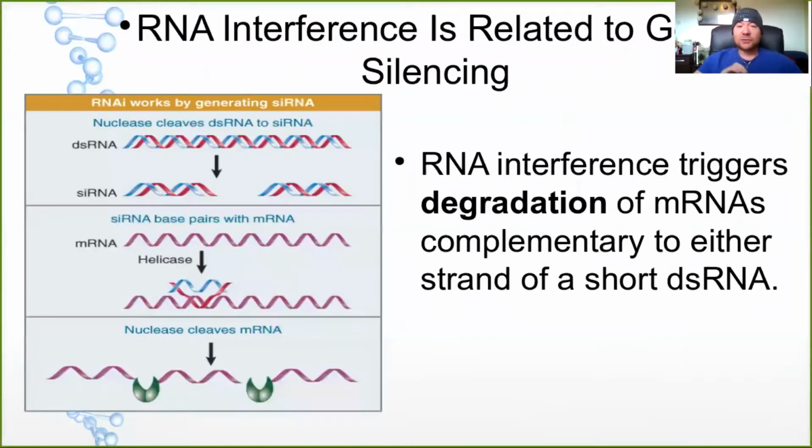Let's summarize how this works. You make your messenger RNA. A gene has been switched on and it makes messenger RNA. This messenger RNA should go to a ribosome, get read, and then a protein is made. However, you can regulate the activity of this messenger RNA.